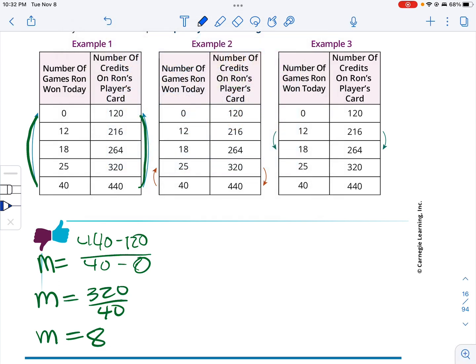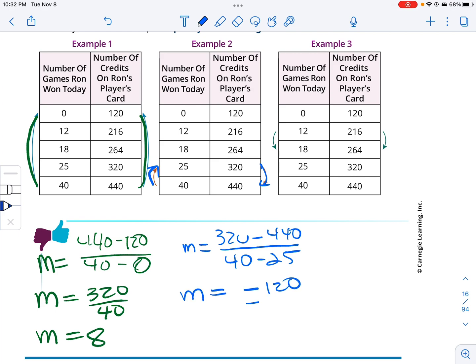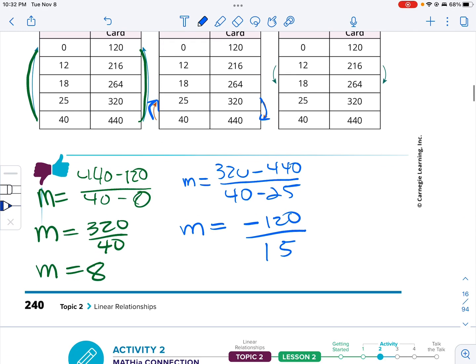This next one tells me for the y values to do 320. See how the arrow goes this way? Minus 440. And then this one goes this way. So it says to do 40 minus 25. If I subtract that, that's going to get me negative 120 over 15.